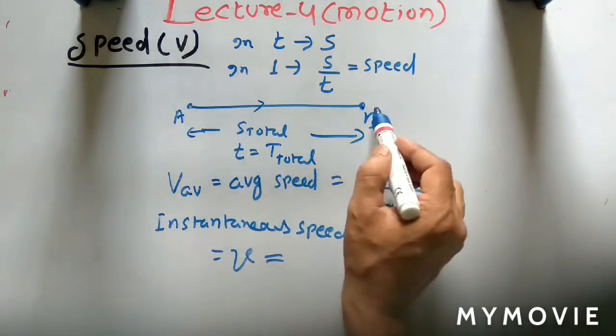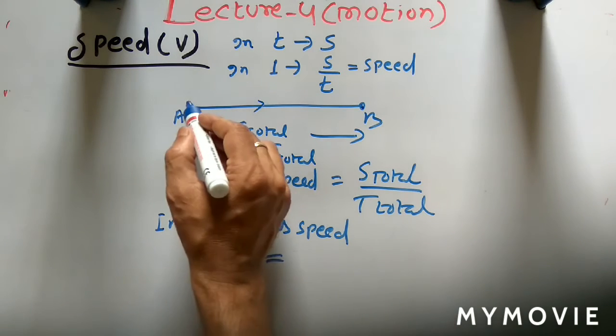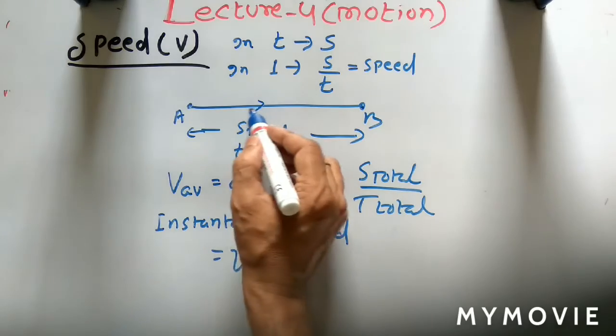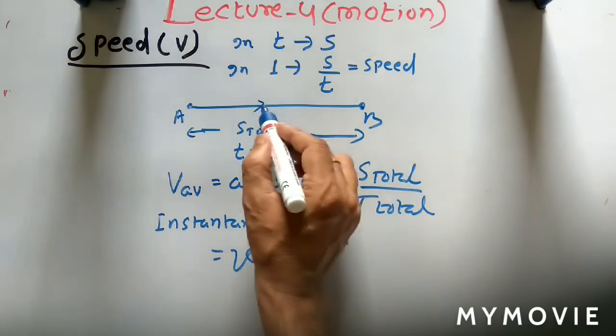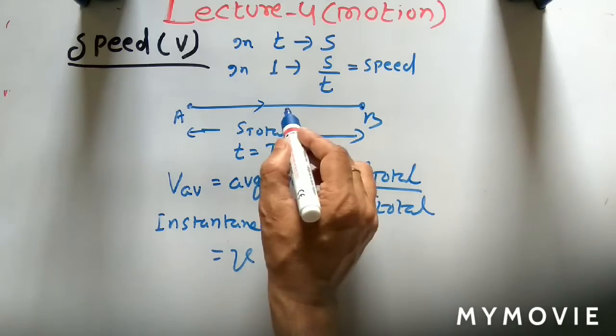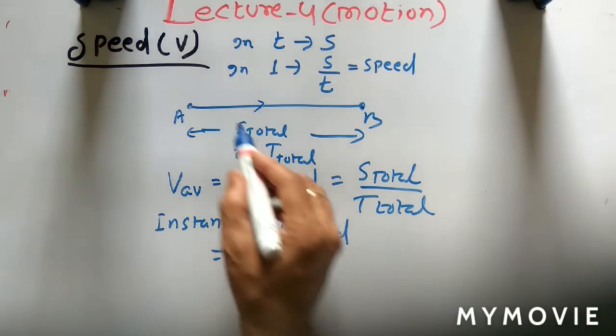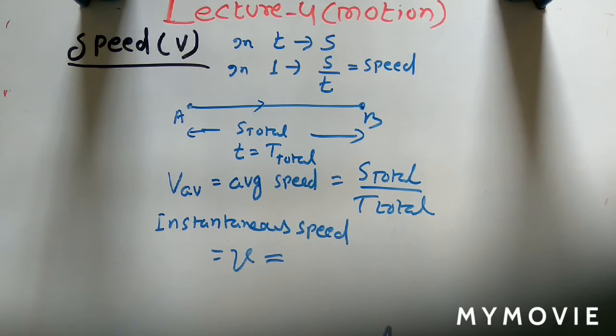In this motion, the speed does not always remain constant. Initially the speed is 0. If the bus finds a clear road with no traffic, at that time the speed may increase. So speed generally does not remain constant.